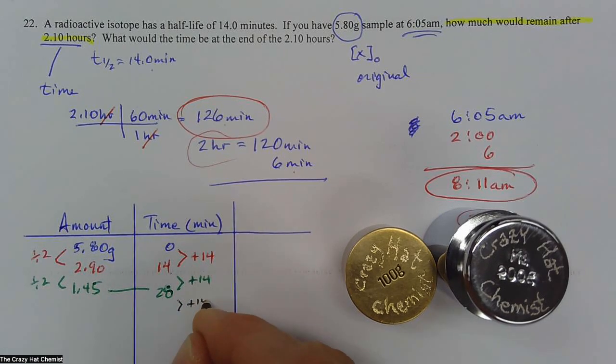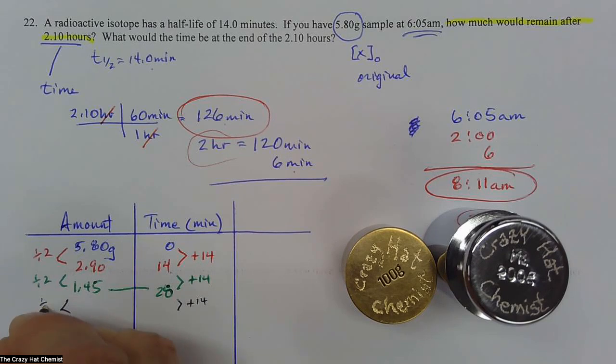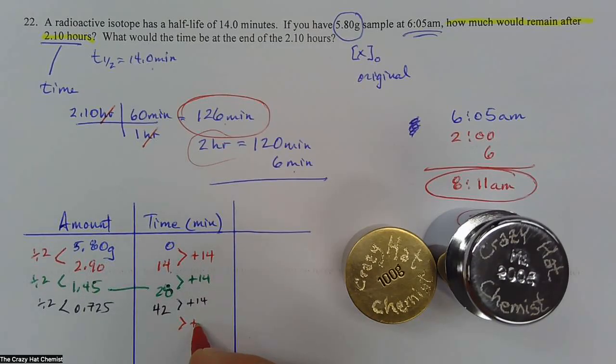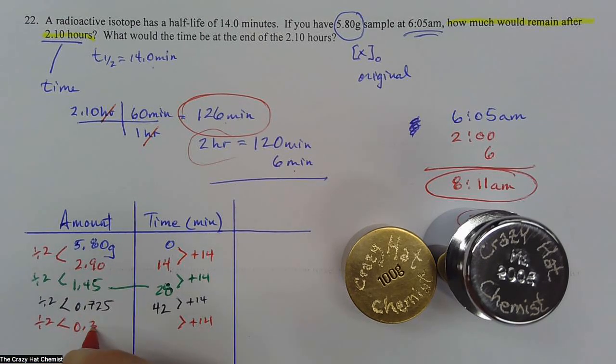We're going to add 14. We're going to divide by 2. That will be 0.725 and 42 minutes in total. Certainly not the 126 minutes. We're going to add 14. We're going to divide it by 2. We're going to have 0.3625 and 56.